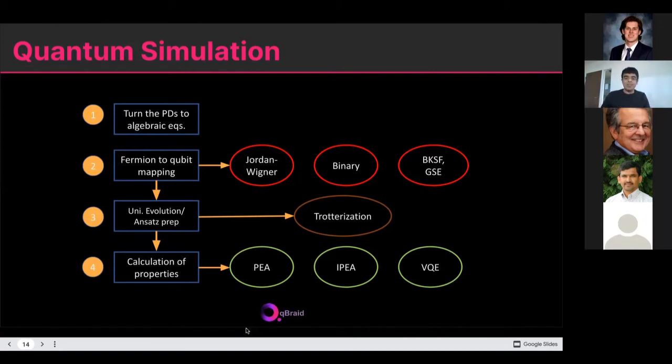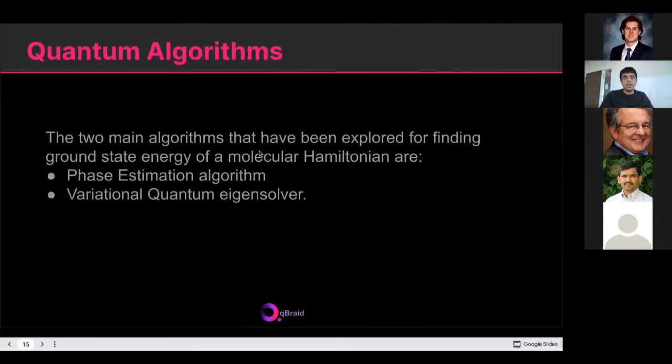I'll present the phase estimation algorithm and VQE in the next slides, and talk about how they are used to read out properties of the quantum mechanical system that you want to study, right? And so, as I mentioned, there are two main candidates: the phase estimation algorithm and the variational quantum eigensolver.